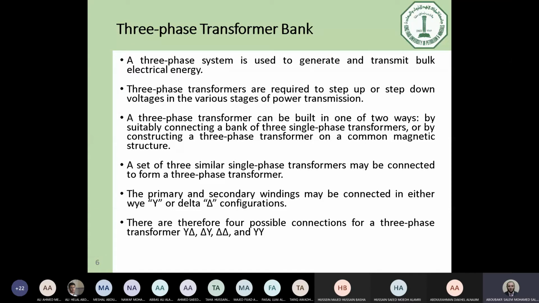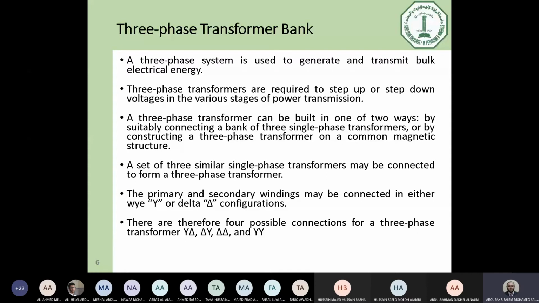We have two well-known connections for three phases, which are star or Y connection and delta connection. So we can connect primary or secondary, whatever the application needs. We are going to describe the four different connections now, and we will see the different applications or needs for these configurations.